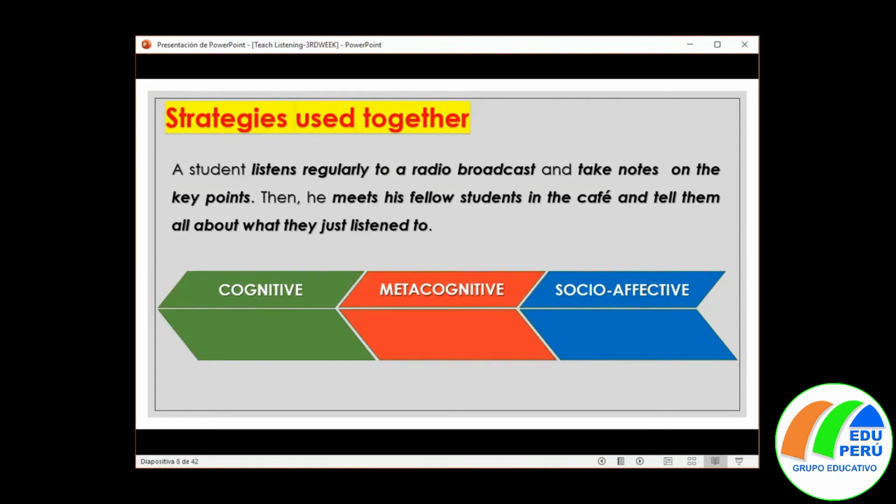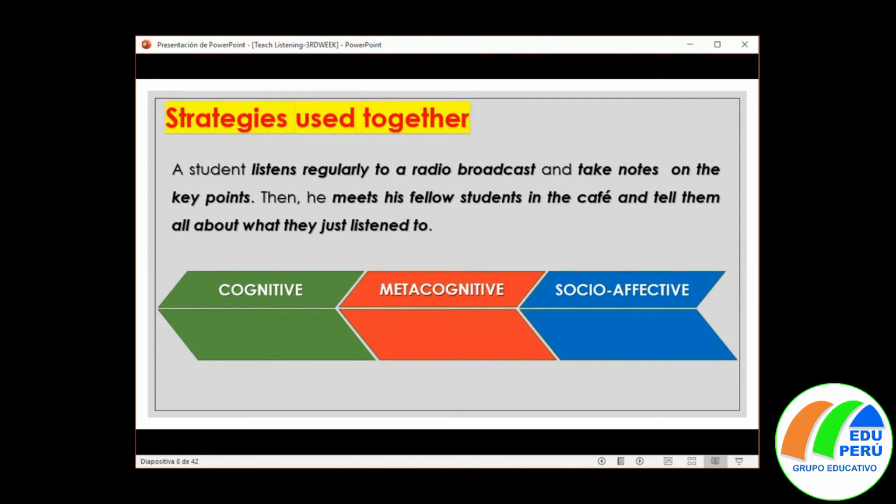Notice, Yanela, that we have three: listen regularly to radio broadcasts, this is one; take notes on the key points, this is the second; and the third one, he meets and starts talking about what he listened to. Which of these three activities is related to a cognitive strategy?